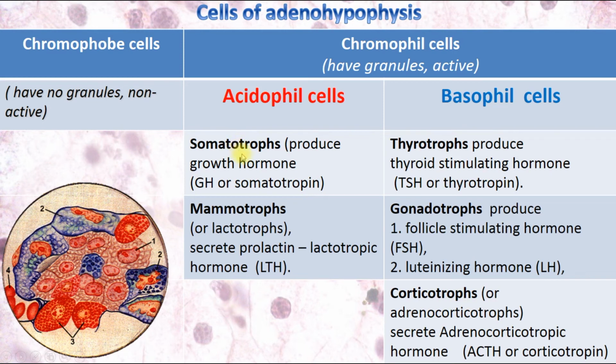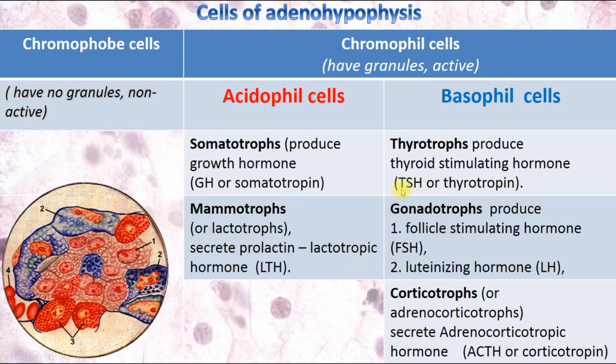So the main thing in their names is trophs. There are troph cells. And the first part of the name means which hormone is produced. So somatotrophs produce growth hormone or somatotrophin or somatotrophic hormone. Mammotrophs or lactotrophs produce prolactin or lactotrophic hormone.